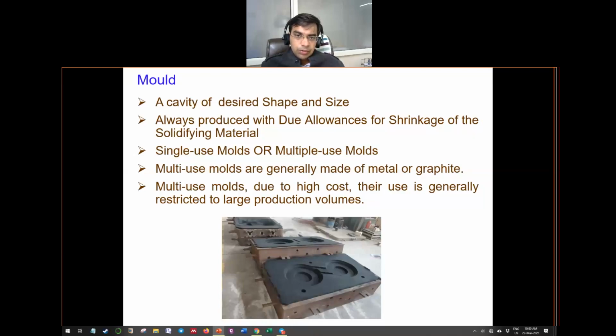This mold is generally made up of sand in the case of sand casting, but it can also be made up of other materials like metal, plaster of Paris, or epoxies, etc. But the sand casting process is very common and more commonly used. So we will discuss these types of molds in more detail.